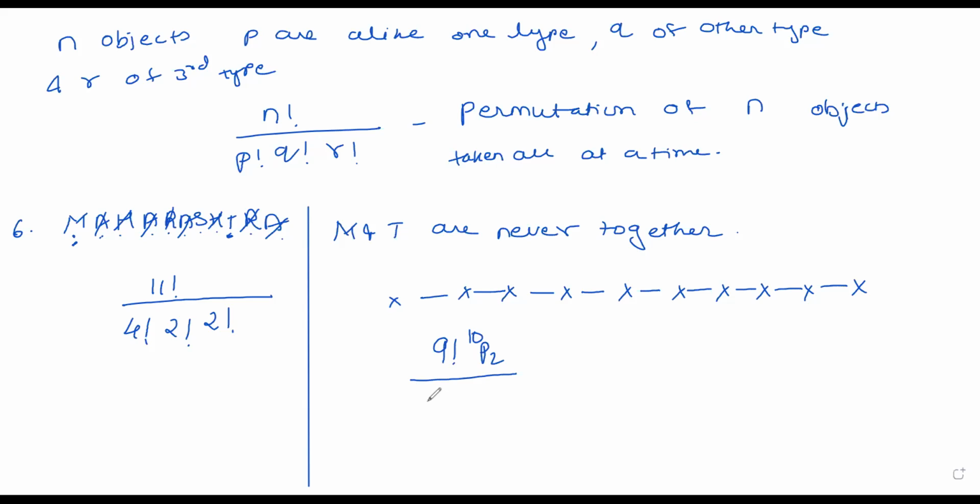Whole thing upon 4 factorial because A is alike, 2 factorial, 2 factorial. This is your condition.